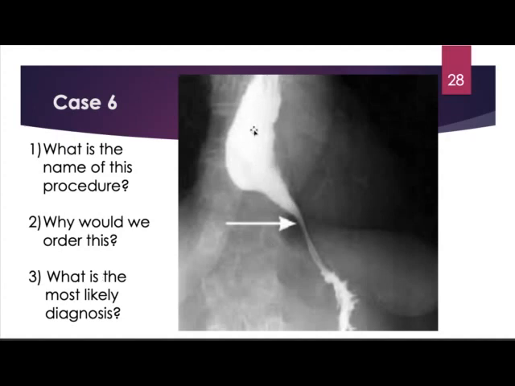So it's kind of going down the esophagus. The esophagus should come to here, and then the sphincter is here, and then it should open to the stomach. But the problem here is that the sphincter doesn't open 100%.